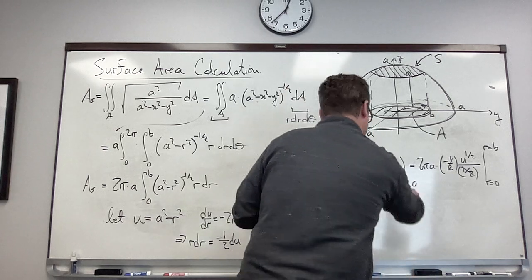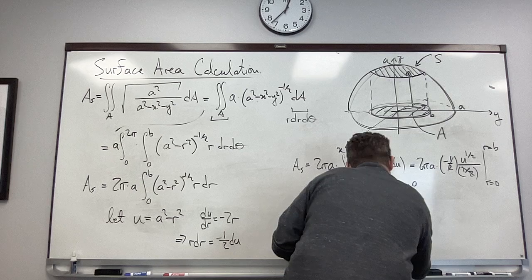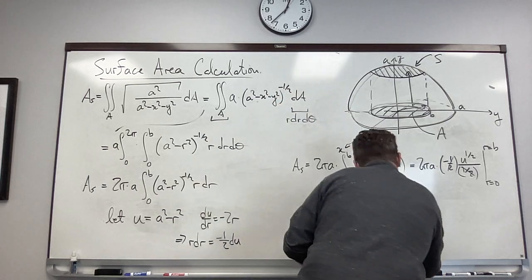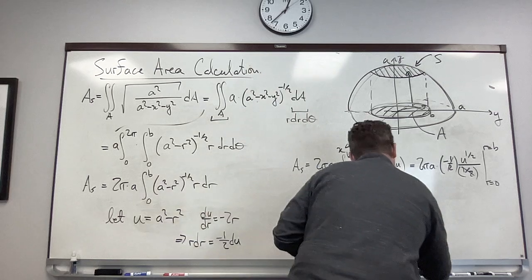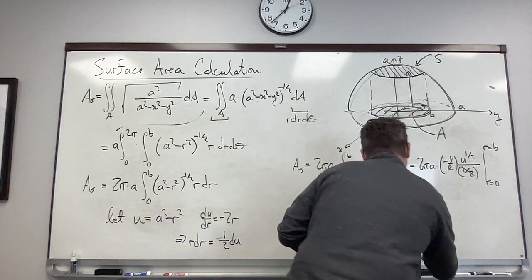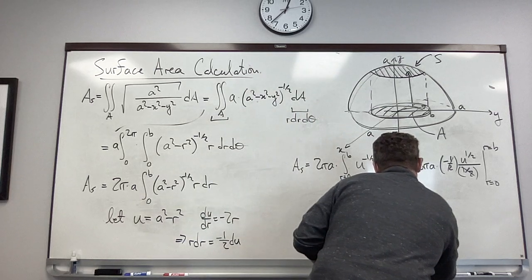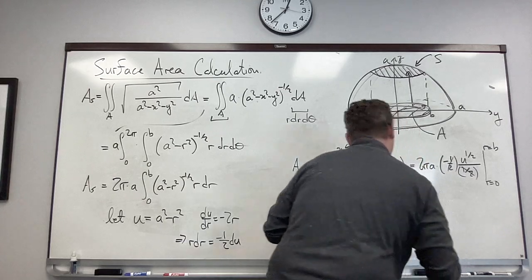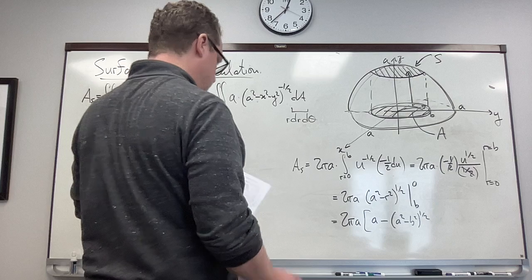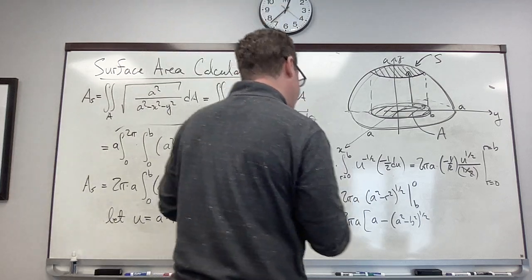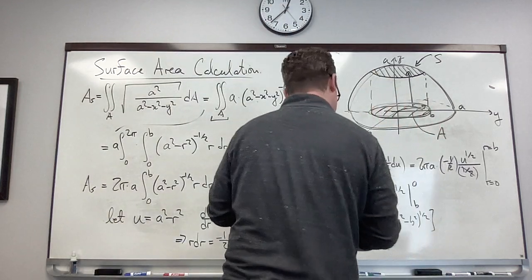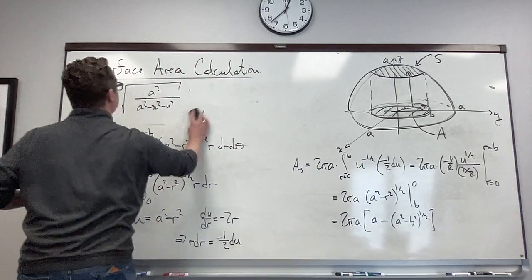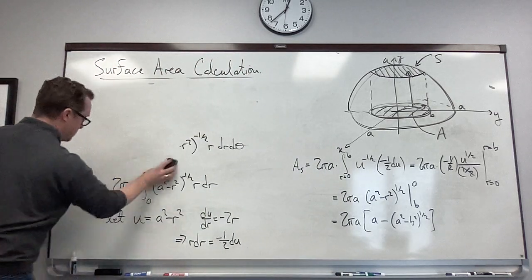Well, we'll just put 0, so we have a squared, so that's a squared to the 1/2, so that says a, minus, and then I have a squared minus b squared to the 1/2. That's that. You could actually leave it there, but there's a natural thing to do here.